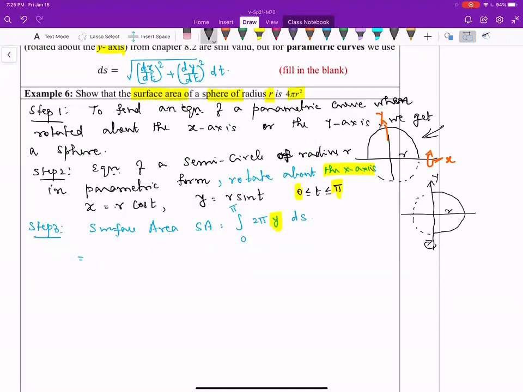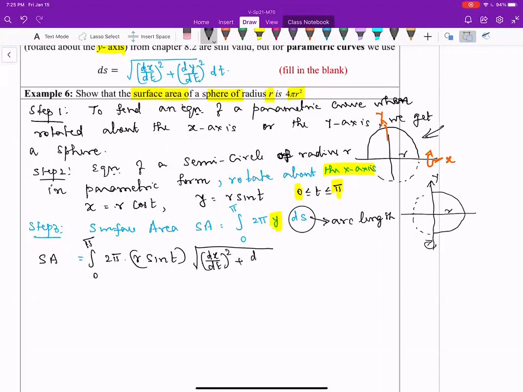This ds stands for the arc length in parametric form. So the surface area is the integral from 0 through pi of 2 pi y, with y equal to r sine t, then ds is the square root of (dx by dt) squared plus (dy by dt) squared, dt.